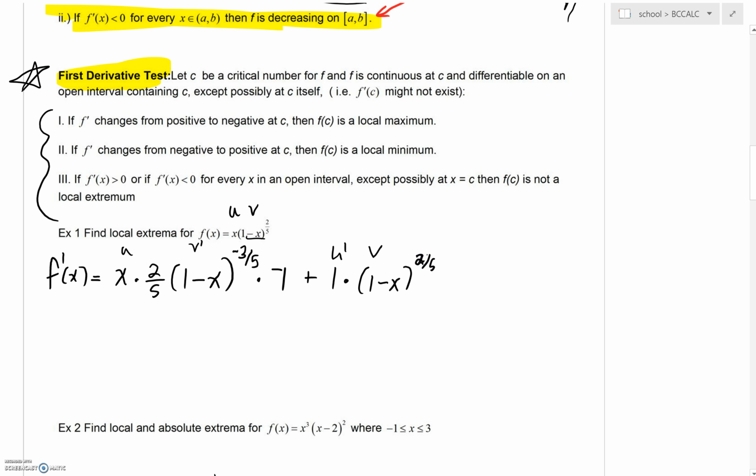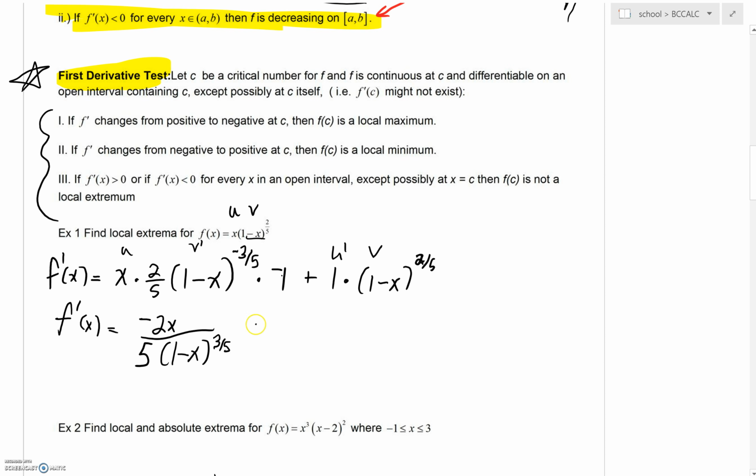Well, our goal is to find where our derivative could be 0, where our derivative could be undefined. So, tell you what, let's take a look at negative 1 times 2 times x. We'll have negative 2x up on top. Down below we have a 5. But then this 1 minus x, I'm going to drop down to our denominator and just have that as 1 minus x to the 3/5.